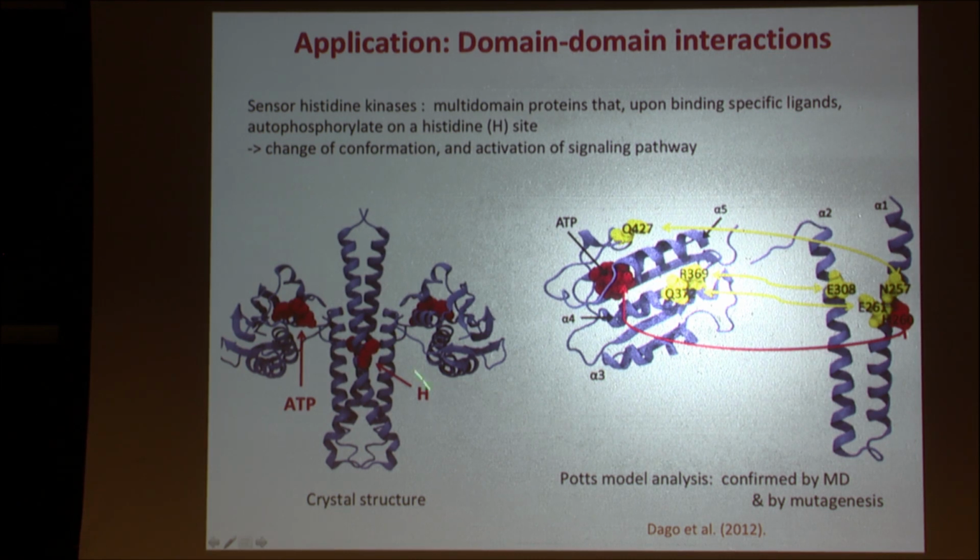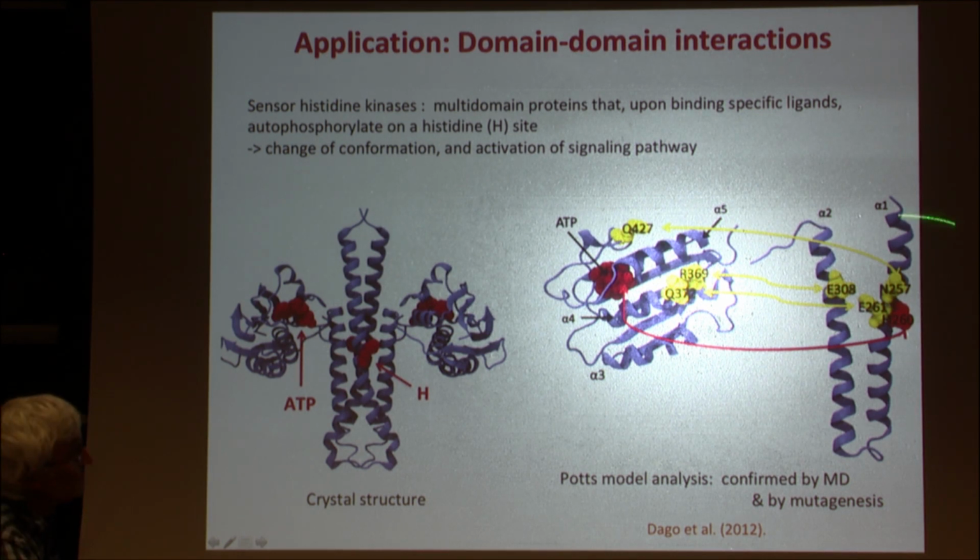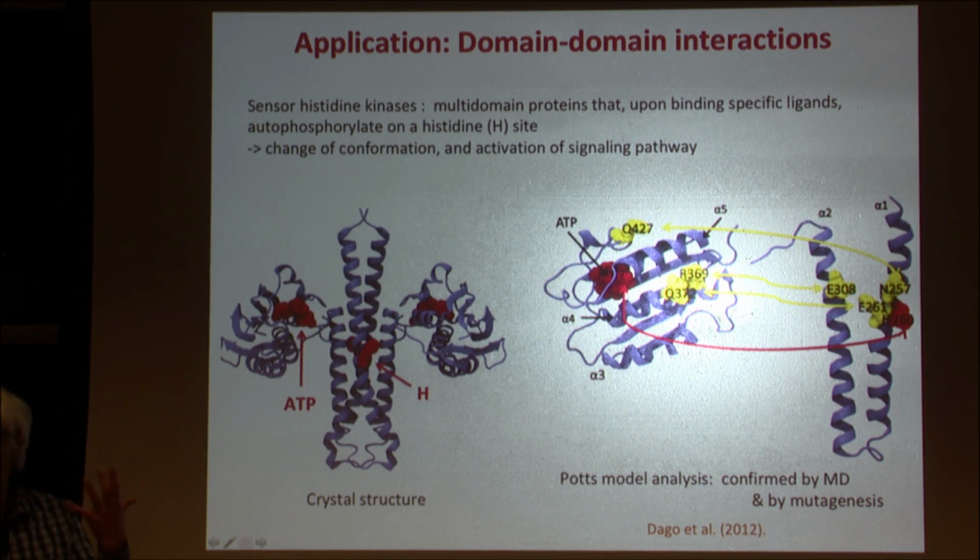Just by looking at the correlation between the amino acids in the sequences and solving this inverse problem, people were able to understand where the statistical interactions are and to predict a model of interaction. It turned out that the structure was solved later on and confirmed the prediction. So it's a very interesting thing. A lot of work has been done on prediction of partners between proteins, so there are a lot of applications.